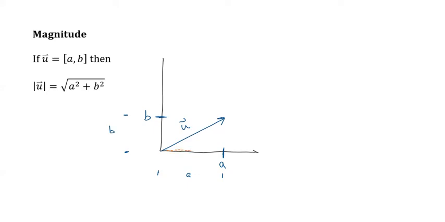So the length of this line, which is the magnitude of a vector, has to be given by the Pythagorean theorem.